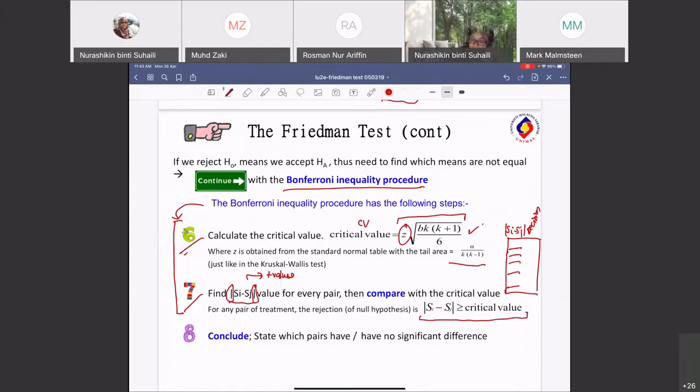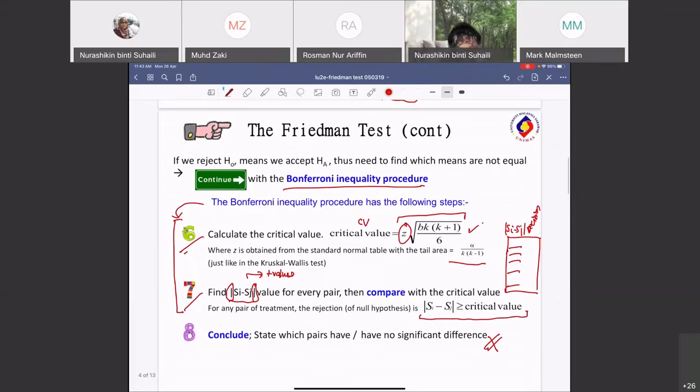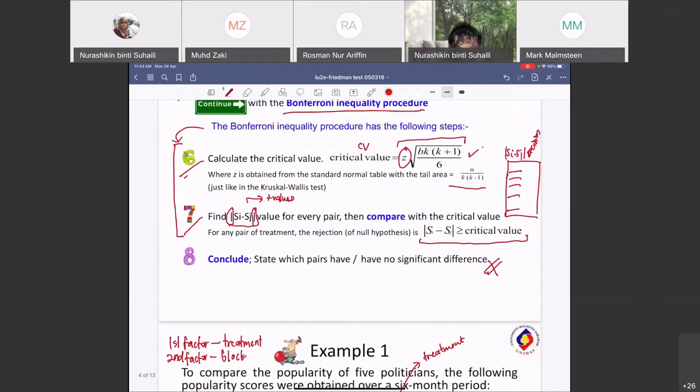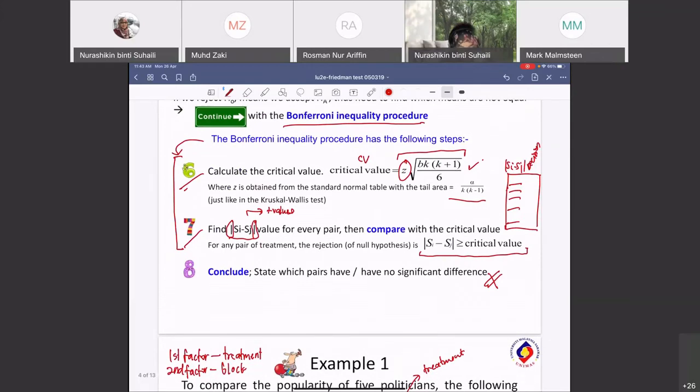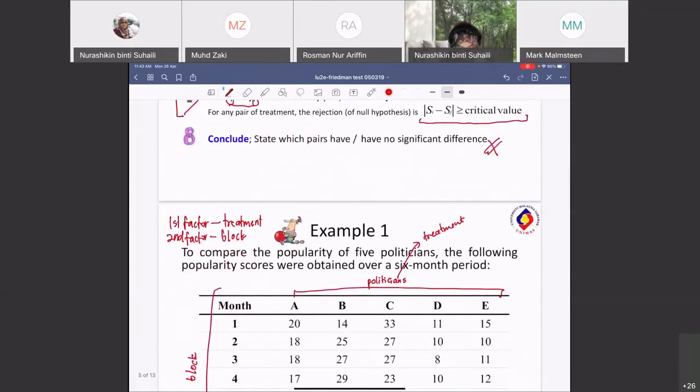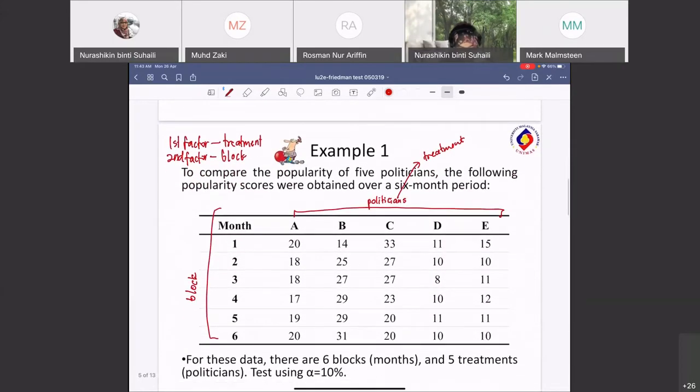Based on that, you make the conclusion in step 8. You have to mention both conditions: which pairs have the difference, and which pairs do not have the difference. Right, so that's all the steps for the Friedman test.